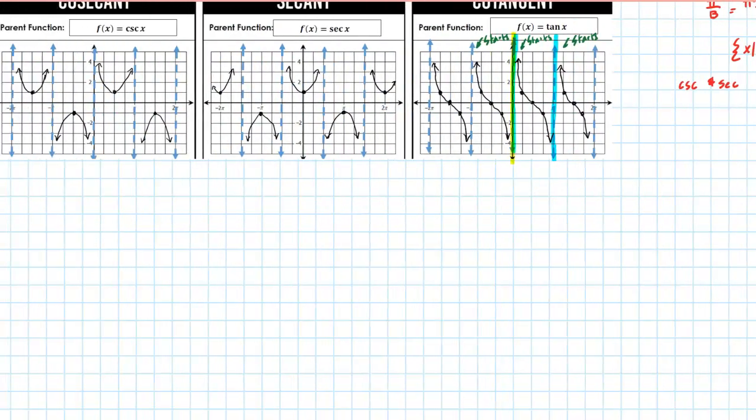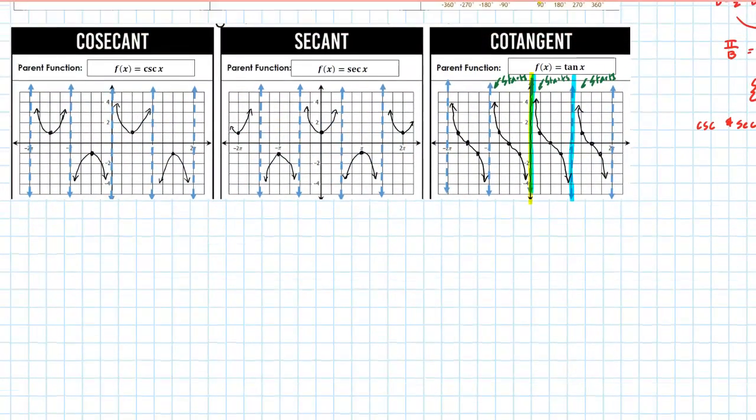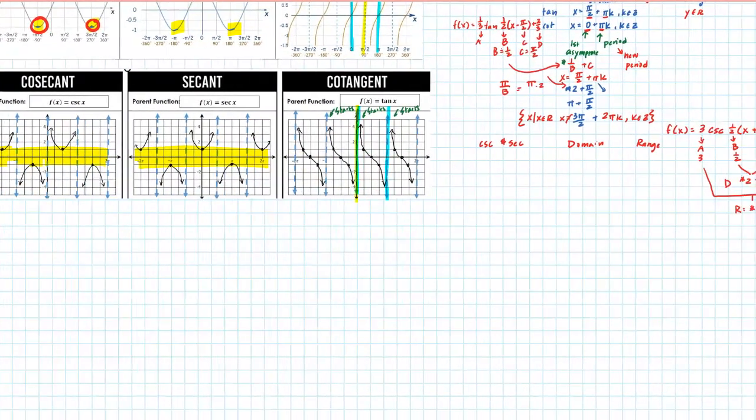If you look at cosecant and secant, domain has an asymptote, and then the range has this gap, this little space right here. Okay, and so numbers that are in that gap are not included in the range.